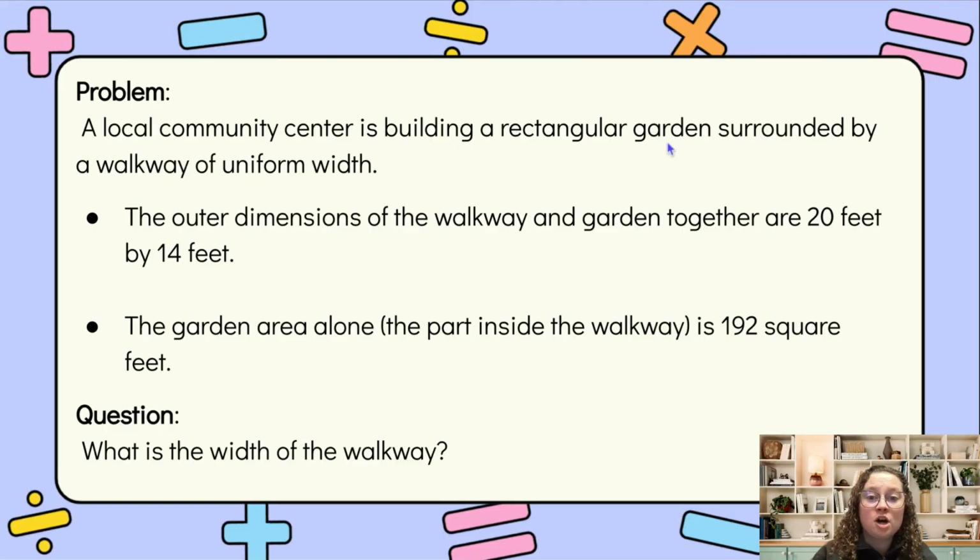If we're talking about a garden, maybe I show a picture of a garden and I'm tracing where it's talking about the width of the walkway or the length of the walkway so that they understand what I'm asking them to do. Because if they don't understand the words around the problem, the numbers 20, 14, and 192 really aren't going to mean anything to them, even if they know what those numbers are.